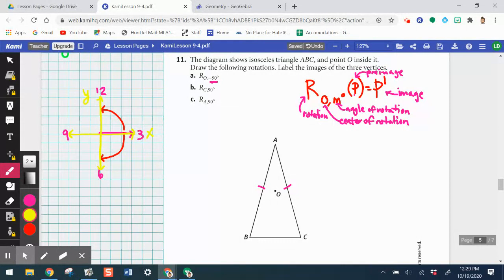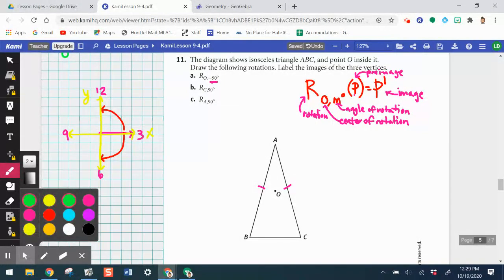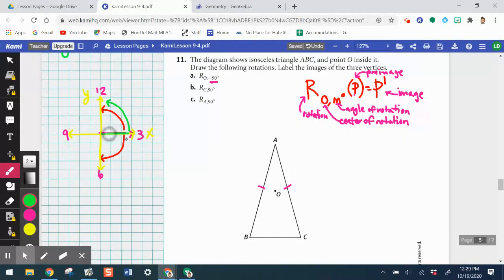Now, referring to positive or negative degrees instead of clockwise or counter, when we see an angle open up from the x-axis, or if we had a ray here and it opened up, that is a positive degree. And if we have an angle that opens, let's use a different color, if we have an angle that opens down, we have a negative degree.